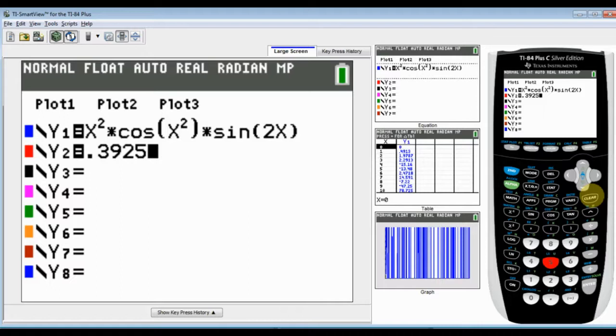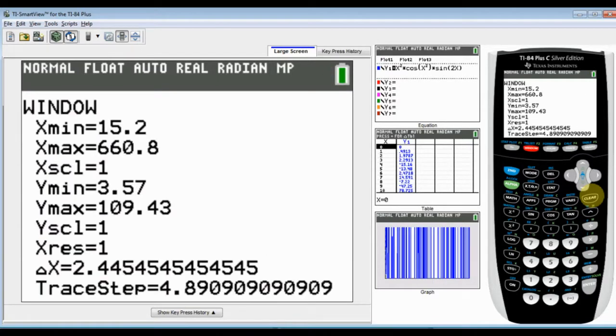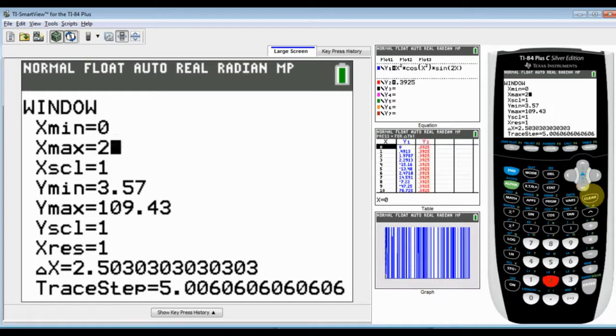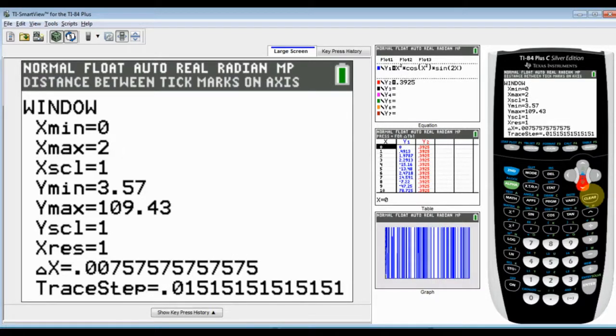These are going to be very confusing unless you narrow your window. So go to window. What's my interval for x going to be? 0 to 2. How do I know it's 0 to 2? Because that's what they tell you.